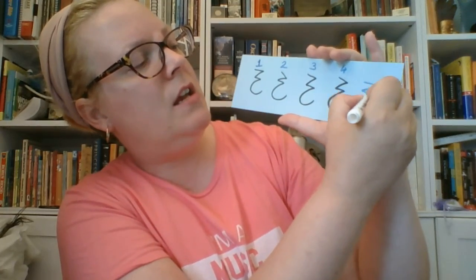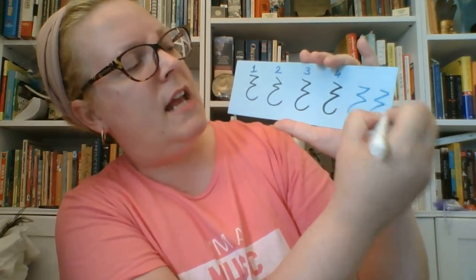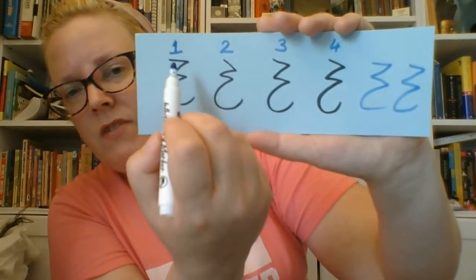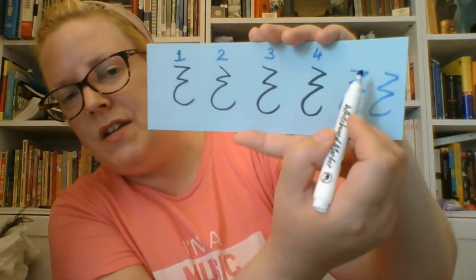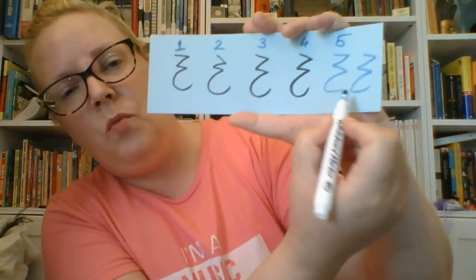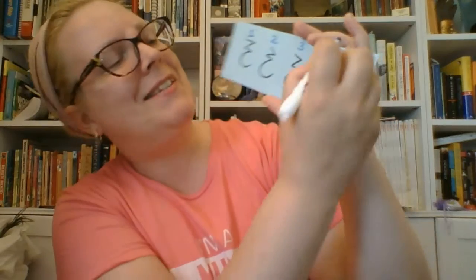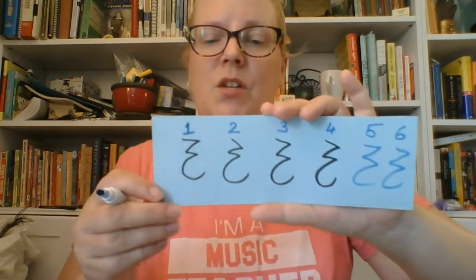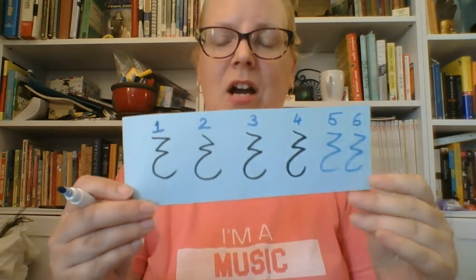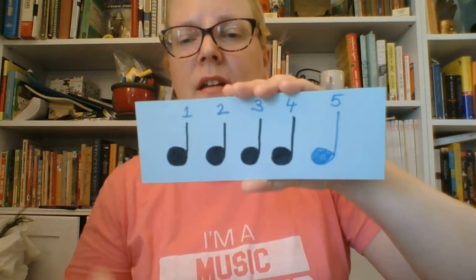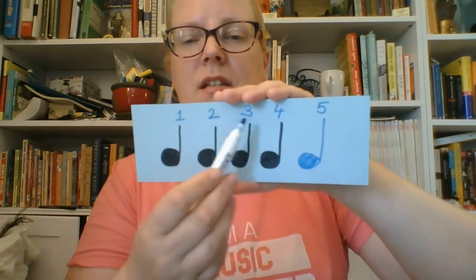What if over here, I decided to add 2 just because I like drawing them? So let's see, how many do we have? I've got 1, 2, 3, 4. So this is 5. Very nice. And one more makes 6. Absolutely. There we go. So quarter notes and quarter rests are nice and easy. It's just a matter of counting each one and giving me your total at the top as you count.